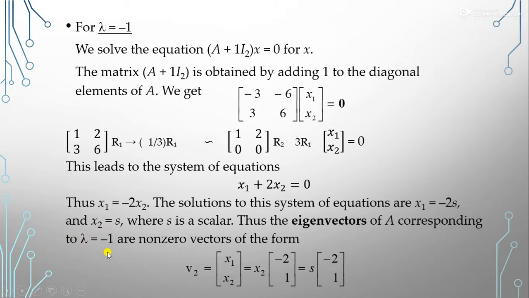Like that we can calculate our eigenvalues and the corresponding eigenvectors. One more thing you see here: when we solve this matrix, one row always becomes 0. Why? Because for (A minus lambda I) x equal to 0, we put the determinant of this equal to 0, right?